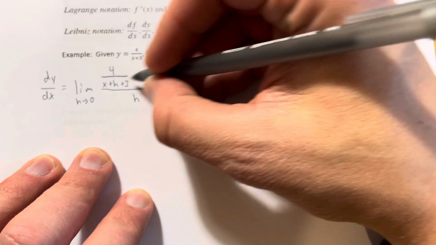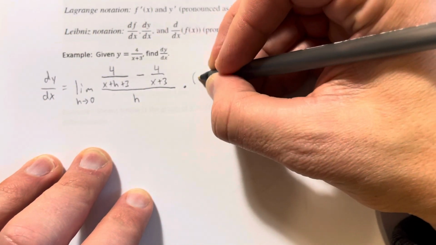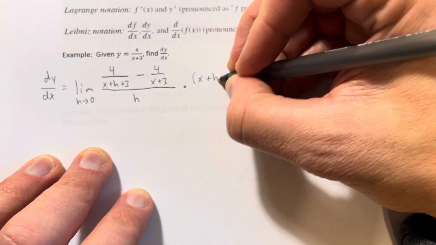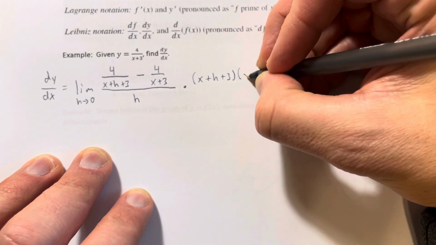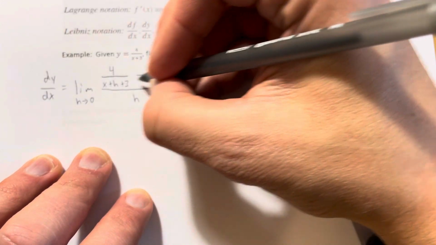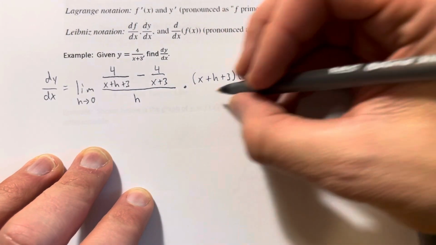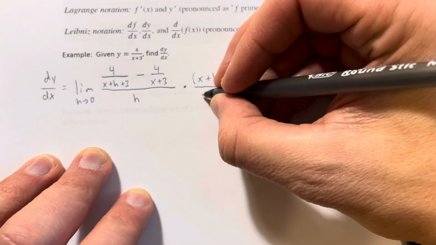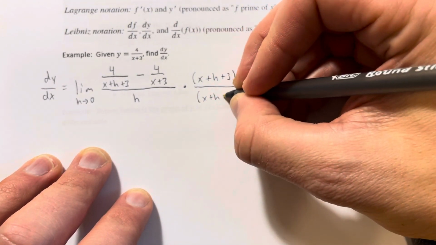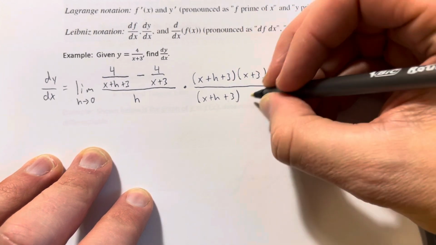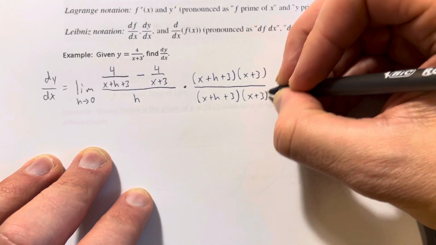We've dealt with these types of functions before as well. We want to clear out these smaller denominators. So I'm going to multiply my numerator by x plus h plus 3 times x plus 3. I'm just grabbing both of these smaller denominators, multiplying them together, and then putting the same expression in my denominator so that this expression is equivalent to 1.